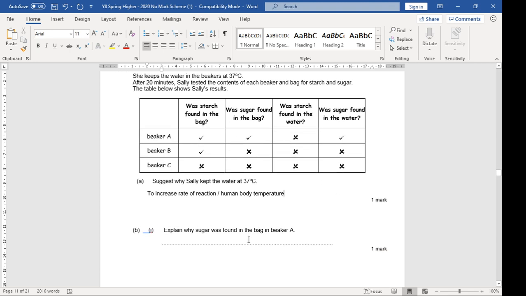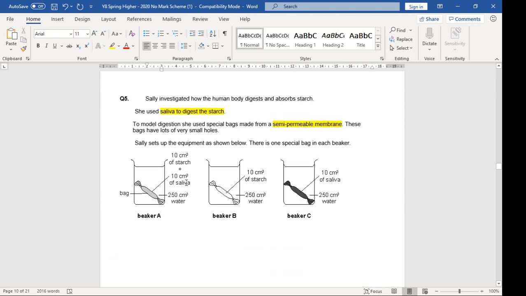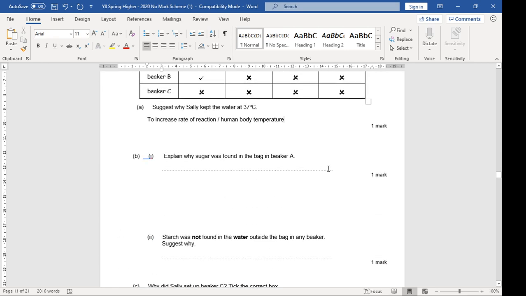Explain why sugar was found in the bag in beaker A. Right, so we've got starch and saliva. What's happening here is the saliva is breaking down the starch, and the product of that is sugar. Starch was not found in the water outside the bag in any beaker.